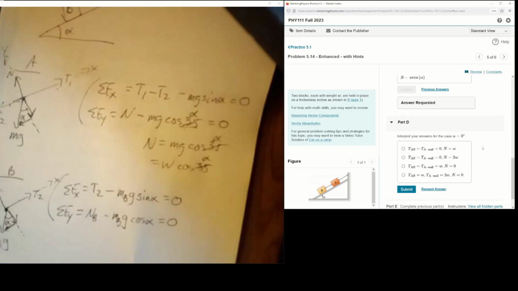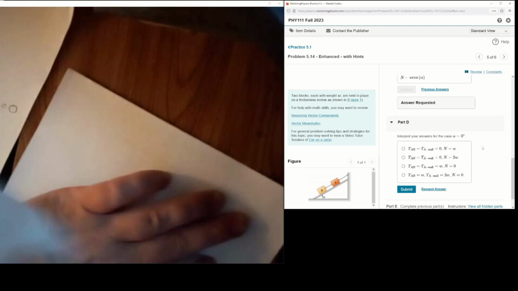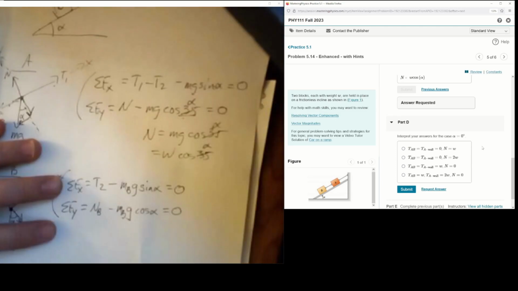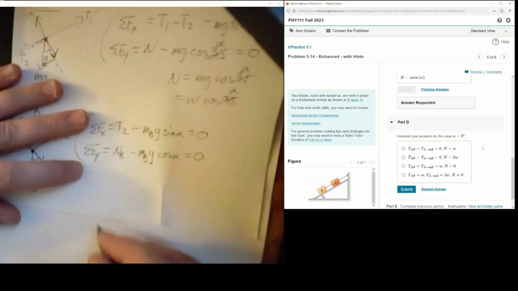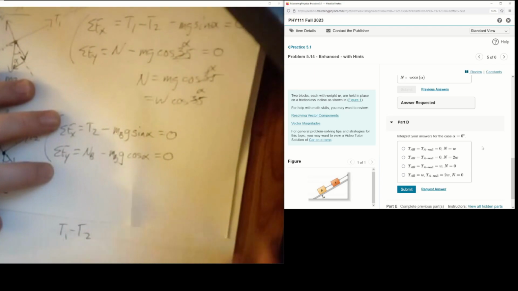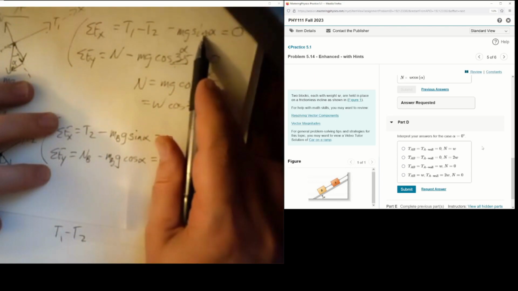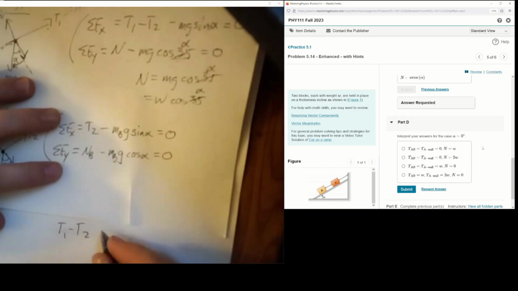And now they're telling us what happens if we make alpha 0. So if we look at these 4 equations again, say this top one. So we'd have T1 minus T2, but alpha going to 0, sine of 0 is 0. And so all that equals 0.